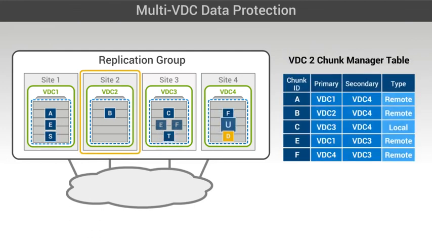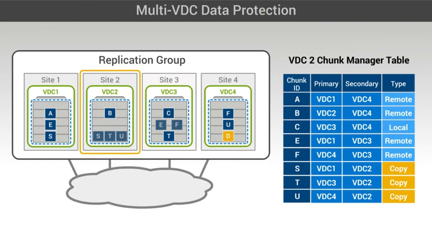Chunk S, T, and U are written to 3 different VDCs and are all replicated to VDC2. Because VDC2 has a chunk from all other VDCs in the replication group, it can perform an XOR operation on these chunks and create chunk V. VDC2 can then remove the replicated copies of chunks S, T, and U and update its chunk manager table accordingly.